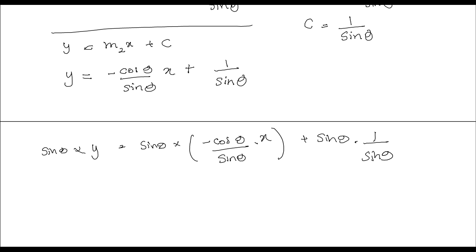Which you don't normally need to do. This is just to make things clear. I don't know which level you are when you are watching this video, so I'm making it much easier. Then I get y sine theta equals minus x cos theta plus 1.